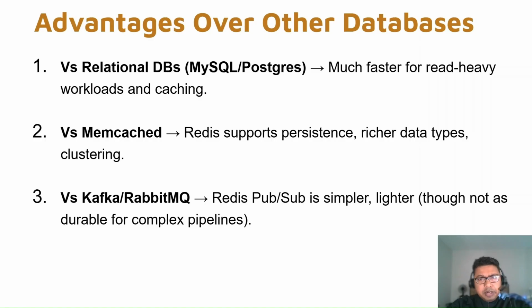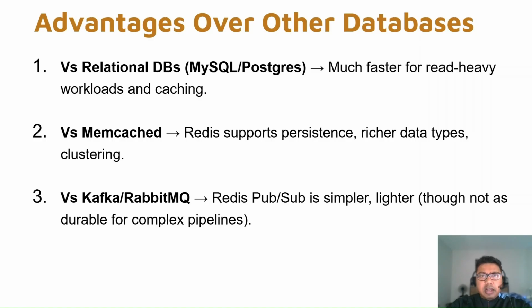Versus Kafka and RabbitMQ, Redis has a pub/sub mechanism, which means it supports pub/sub. So we could even bypass RabbitMQ and use Redis, but generally we do use RabbitMQ for messaging.